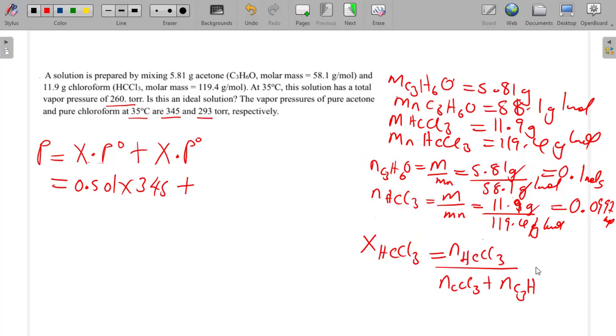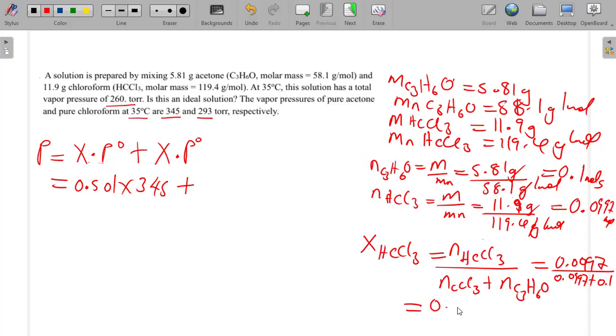So the number of moles for chloroform, we are saying it's 0.0997. Those are the number of moles for our chloroform divided by the number of moles for chloroform, which is 0.0997, plus the number of moles for acetone, which is 0.1.